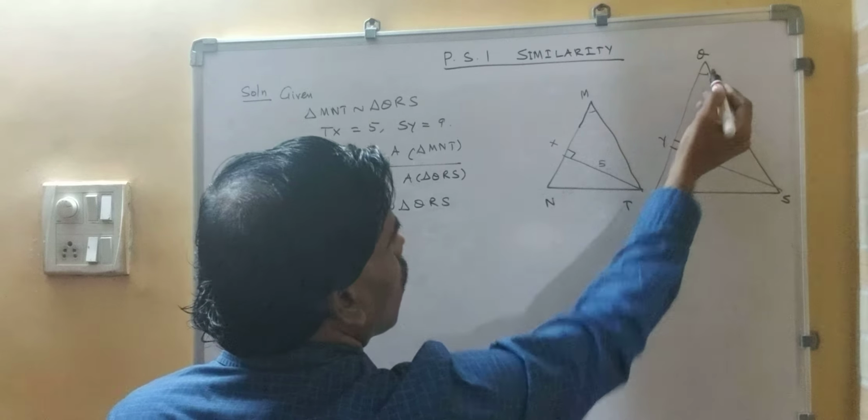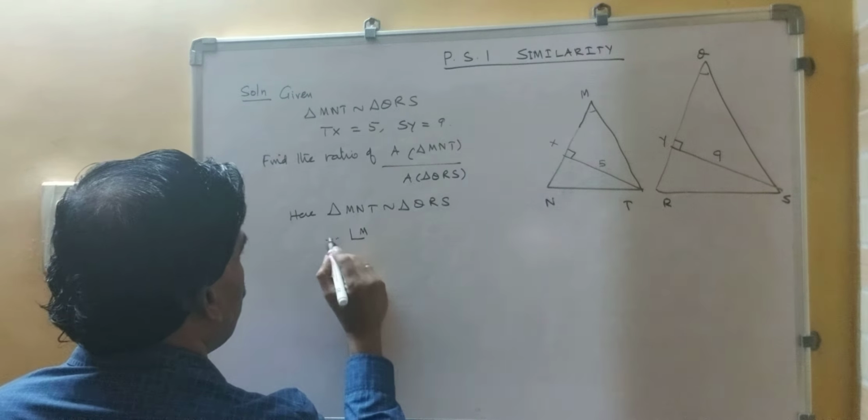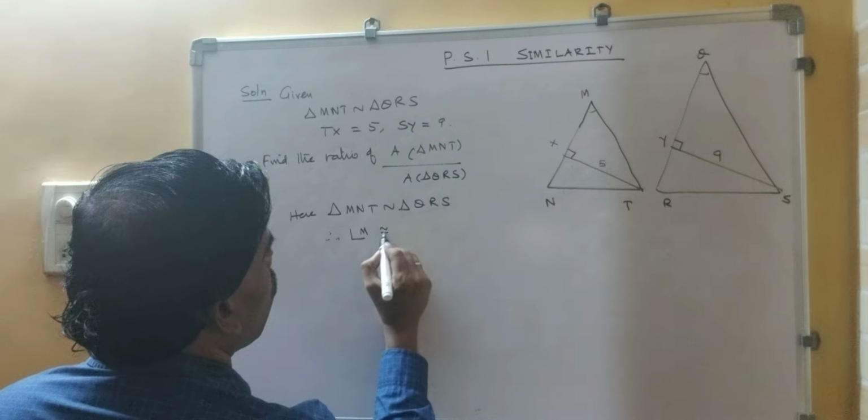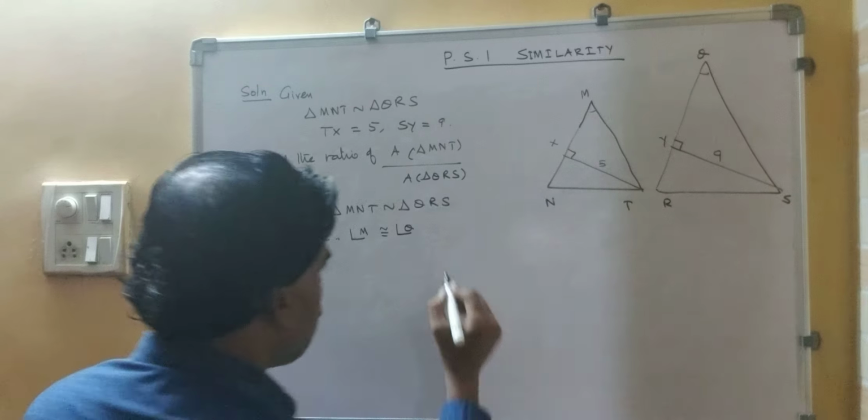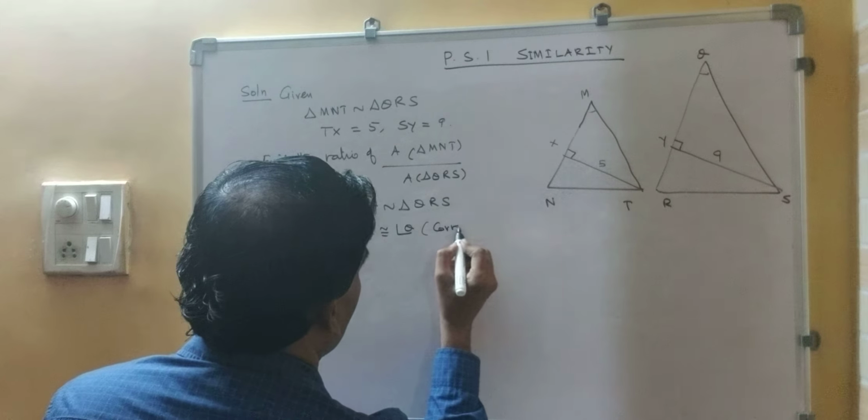See here, angle M is congruent to angle Q, corresponding angles of similar triangles.